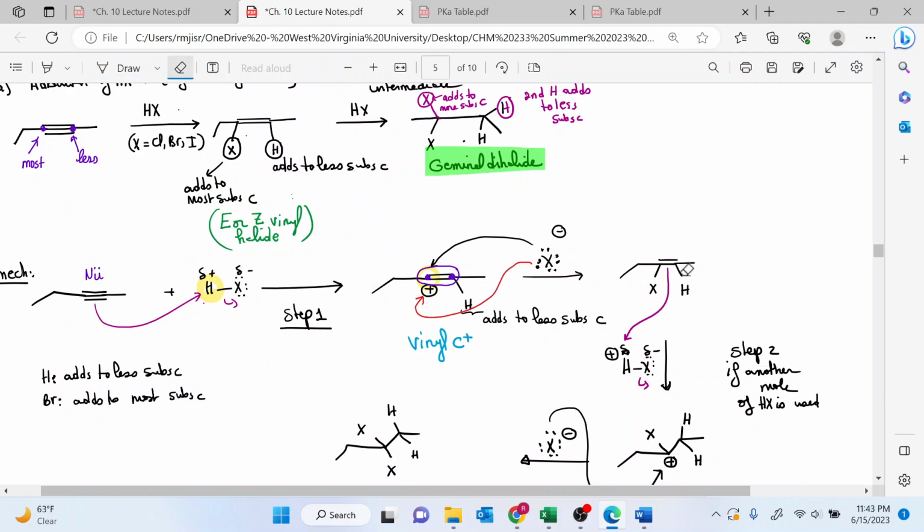So I'm going to end up forming the E and the Z stereoisomer. Now here I'm not showing the E and the Z, and the reason why is because I am continuing the reaction. This is why it really doesn't matter, because at the end you're going to form the alkane. But if you are using just one equivalent of HX, you have to show the E and the Z. Let's go ahead and show the E and the Z for now for this one.